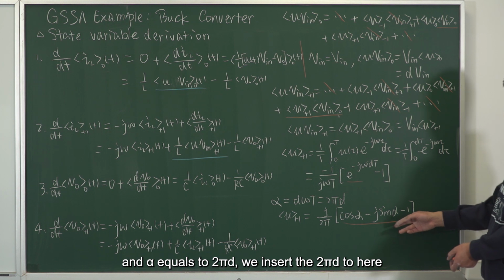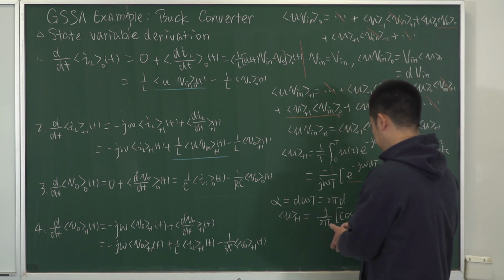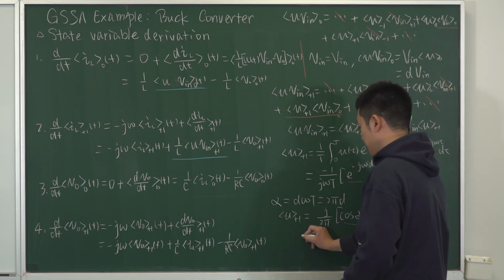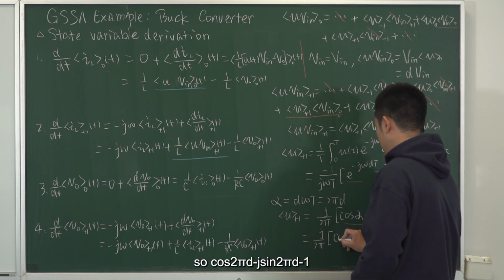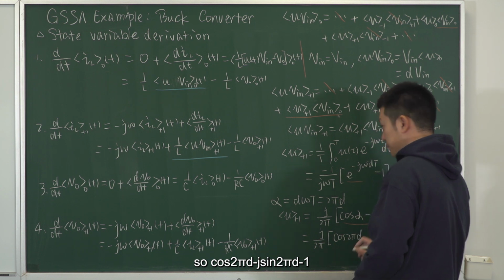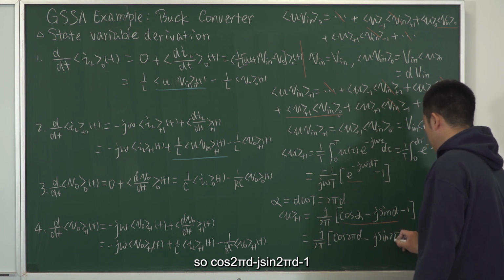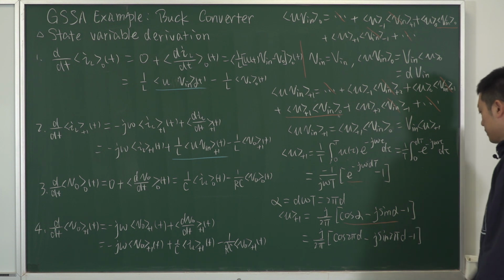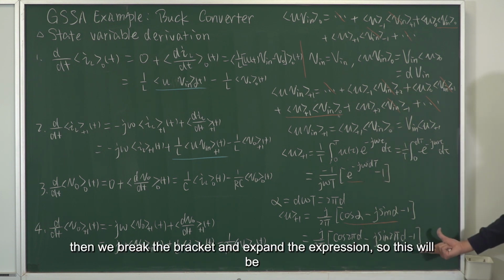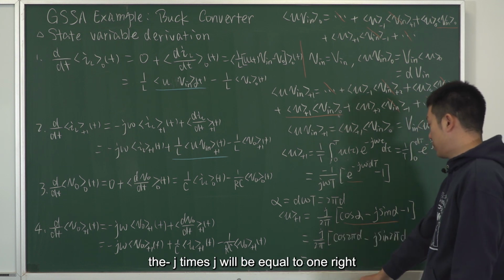And alpha equals 2 pi d, right? We insert the 2 pi d here. So cosine 2 pi d minus j times sine 2 pi d minus 1. Then we break the bracket and expand the expression. So this will be, j times minus j equals 1, right?